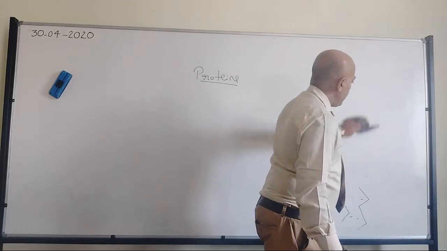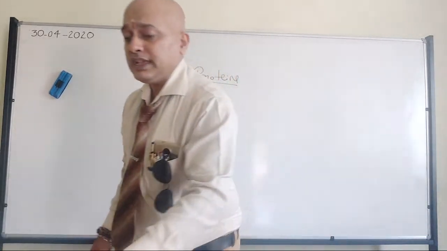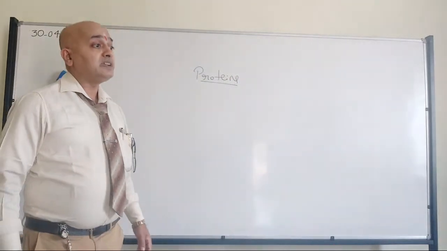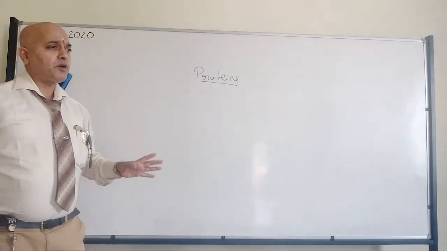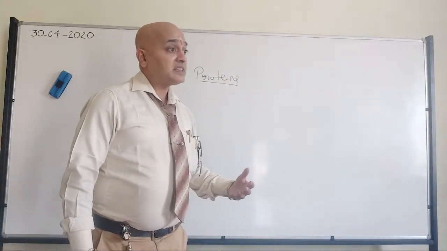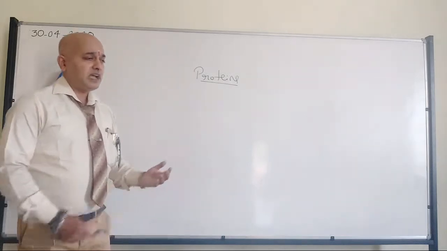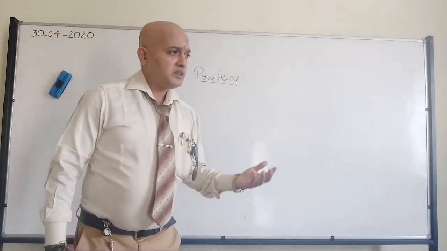And please remember, except disulfide bond, all the other interactions are non-covalent interaction. Disulfide bond is the only one which is covalent, which is going to decide the structure of a protein. Okay? So that's where we have the quaternary structure.